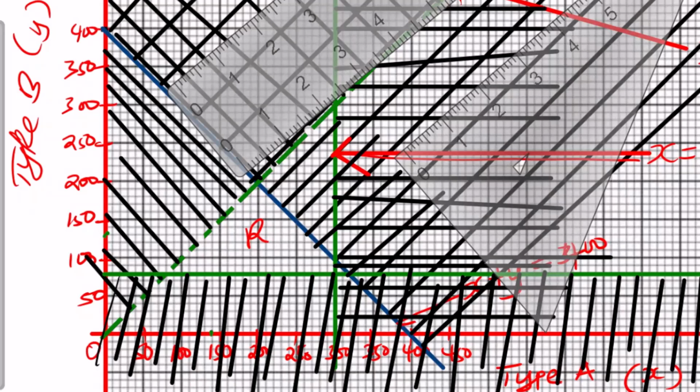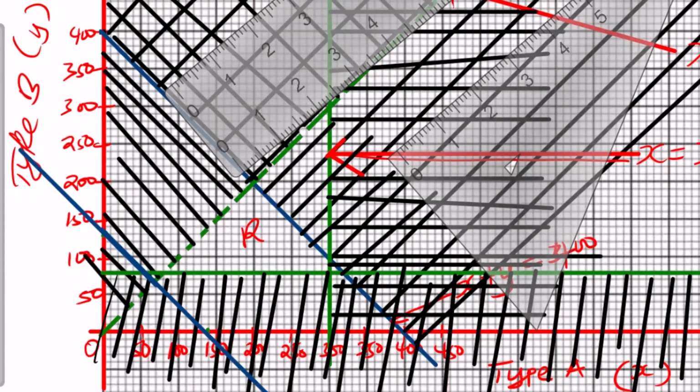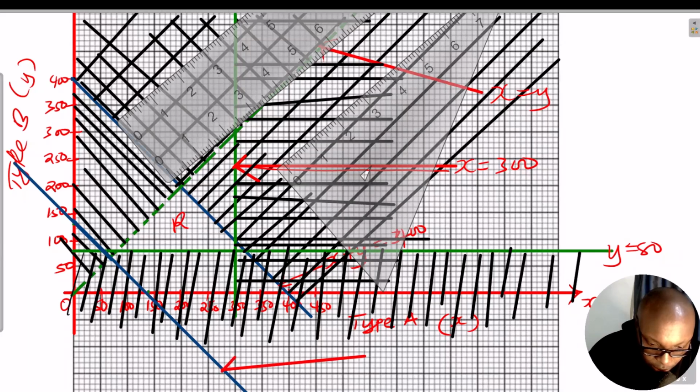Let me draw that line. So that is the line. That is the search line. So plotted, (0, 180) is here. Then (140, 0) is there.